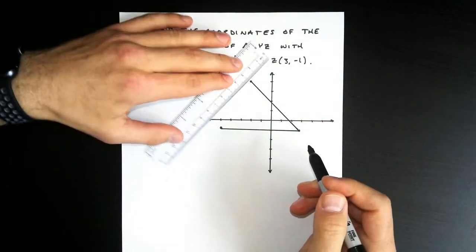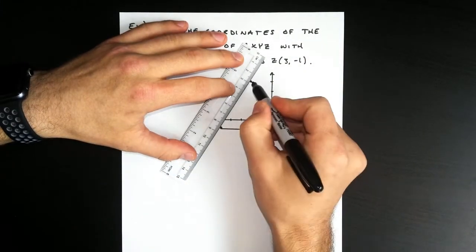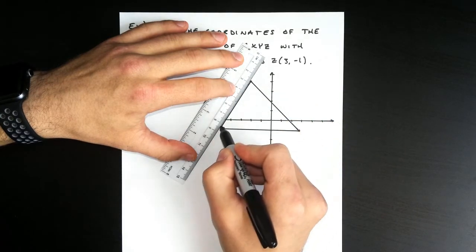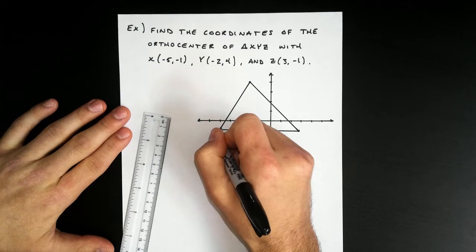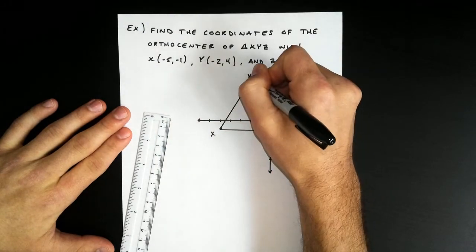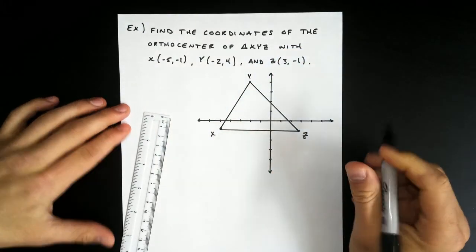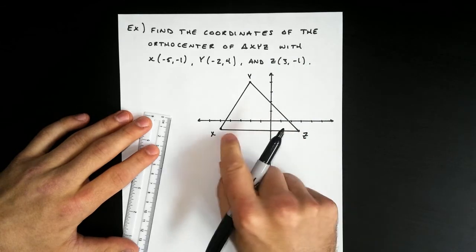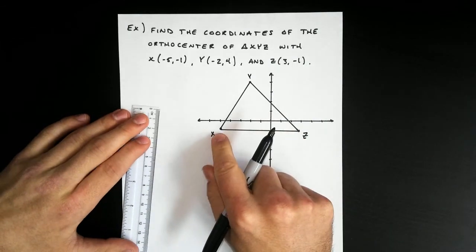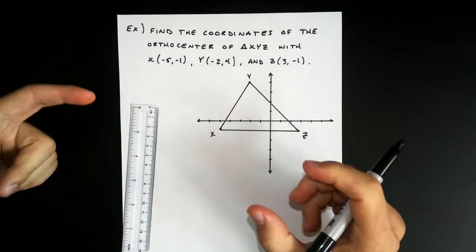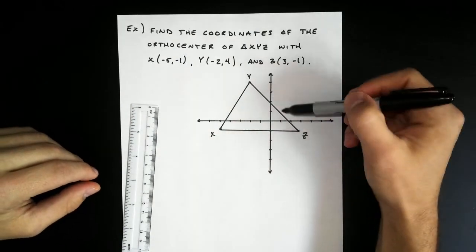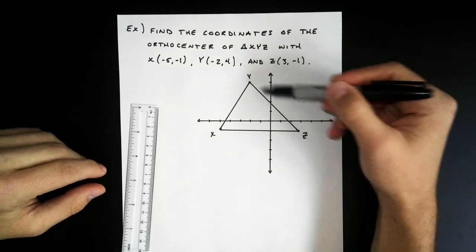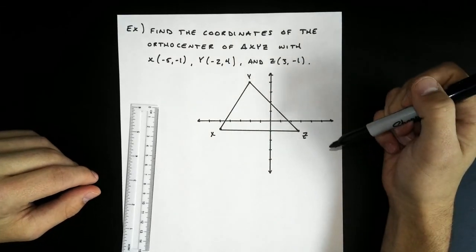So each of the vertices of this triangle is going to be sort of our start point for our altitudes. This is X, this is Y, this is Z. Each of the vertices will be the start of one of our altitudes. The other thing we need to make it an altitude is it has to be perpendicular to the opposite side from that vertex.